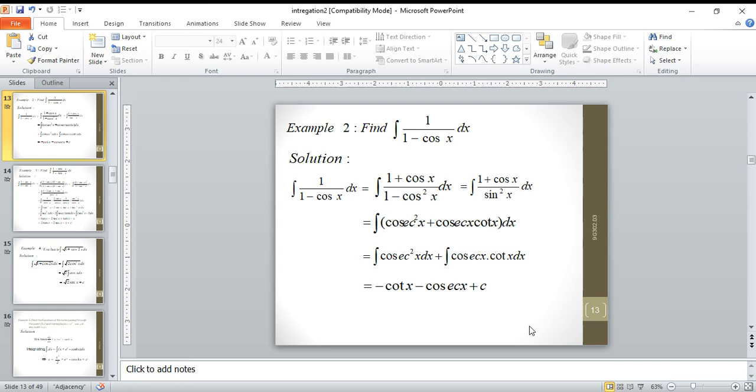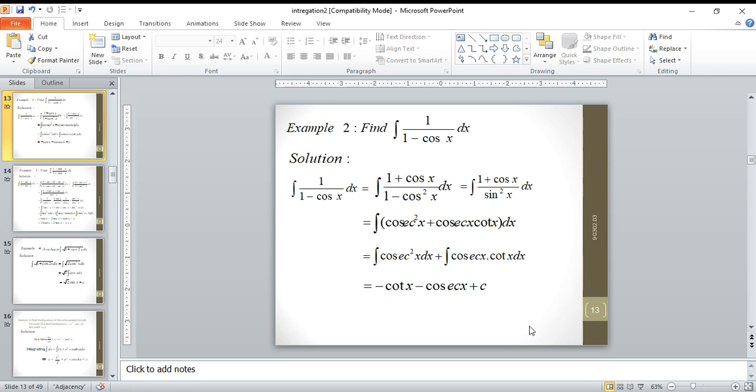Rationalizing means multiplying and dividing by 1 plus cos x. 1 minus cos x into 1 plus cos x is the a plus b, a minus b formula, a square minus b square, that is 1 square minus cos square x.